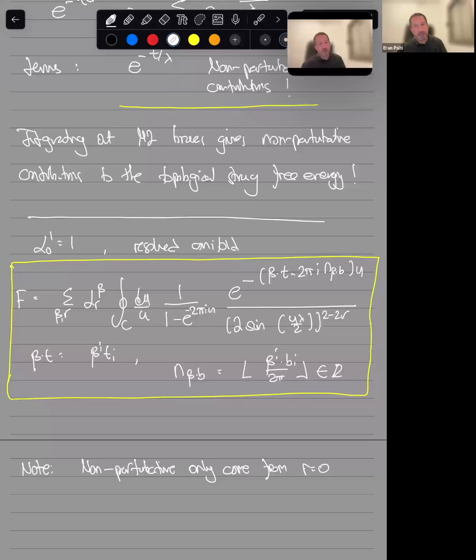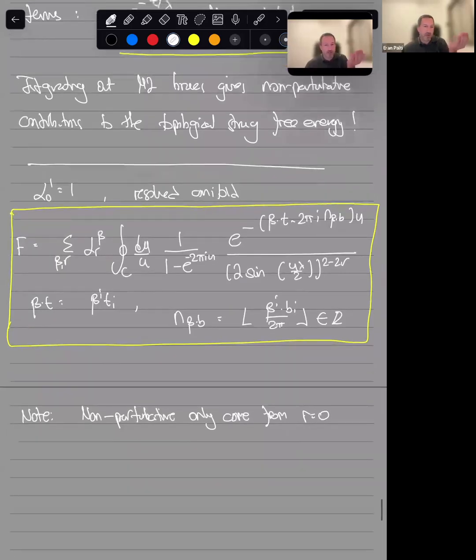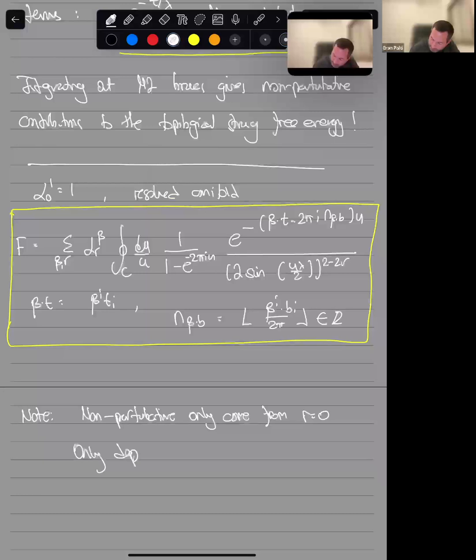Because if r is bigger than 0, so 1, 2, 3, there are no poles in the sines, and so you don't pick up those poles when you do the contour integral, and so there's no contribution to non-perturbative terms. So the non-perturbative terms in this calculation only come from r equals 0, and so they only depend on the r equals 0 Gopakumar-Vafa invariants. So okay, they only depend on alpha 0 beta. Okay, so that's one thing that we see straight away.